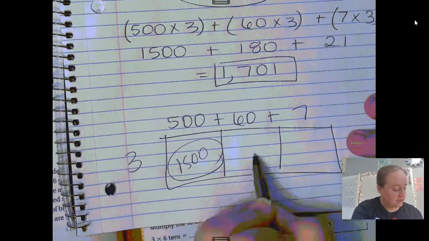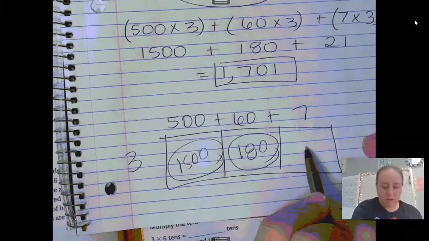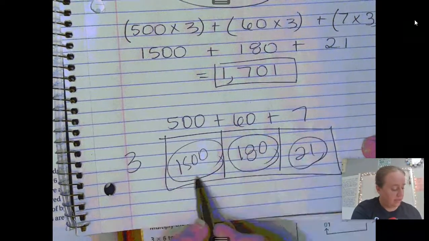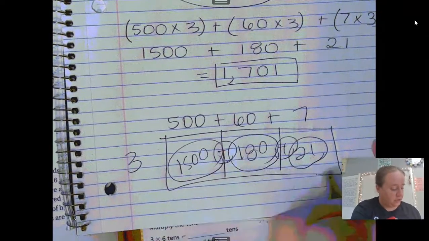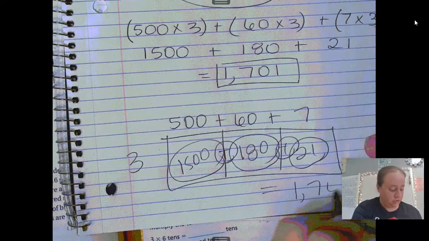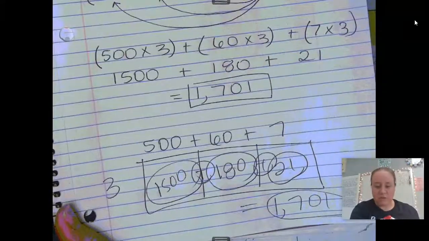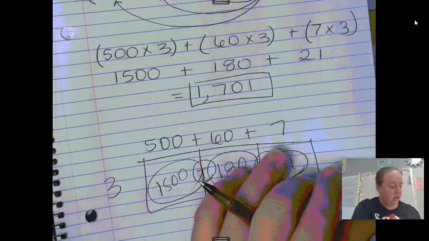Here, 60 times 3, which is still the 180. Here, 7 times 3, 21. And then we're still going to add these up. So add those up, and then you still get the 1,701. So whichever way you do it is fine. Just make sure that we're all getting the same answer down at the end here.